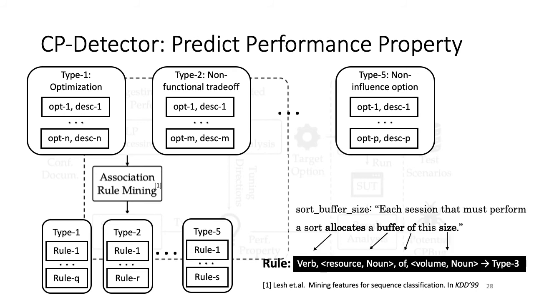For example, a rule can be like this. When this rule matches a description, the configuration is likely to be type 3, which is allocating resources. We also add some heuristics to improve the quality of rules. The details can be found in the paper.